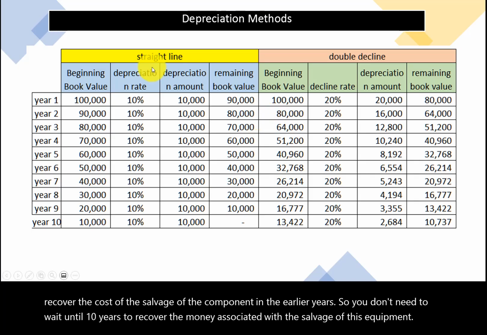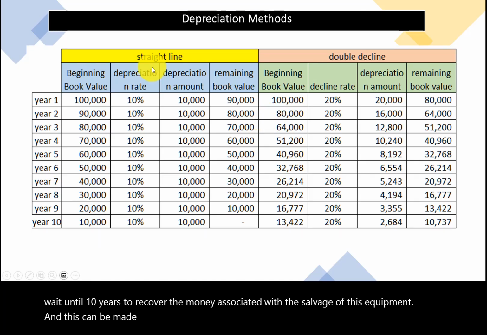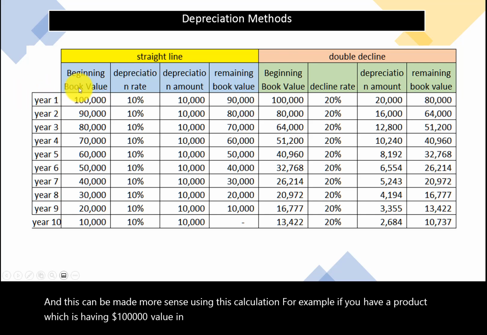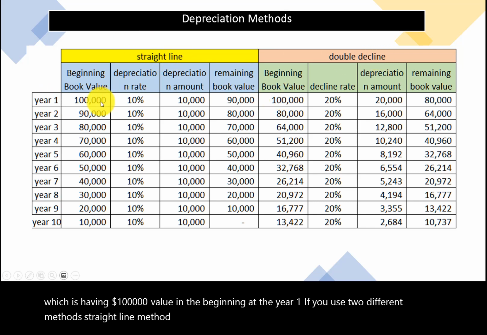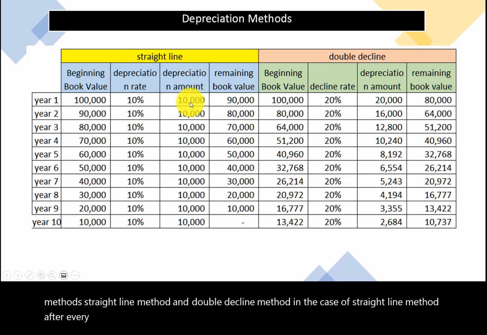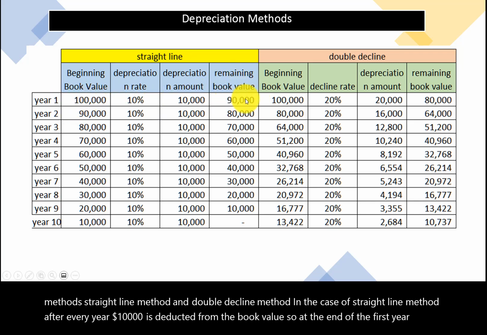And this can make more sense using this calculation. For example, if you have a product which has a $100,000 value in the beginning at year 1, and you use two different methods, the straight line method and the double declining method. In the case of the straight line method, after every year, $10,000 is deducted from the book value. So at the end of the first year, the remaining book value will become $90,000.